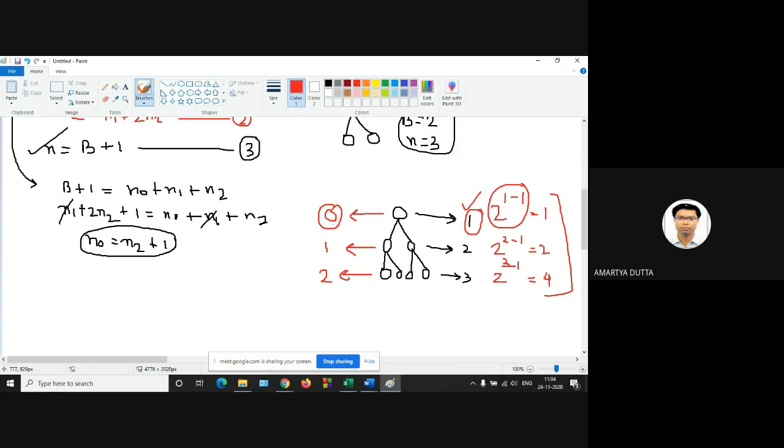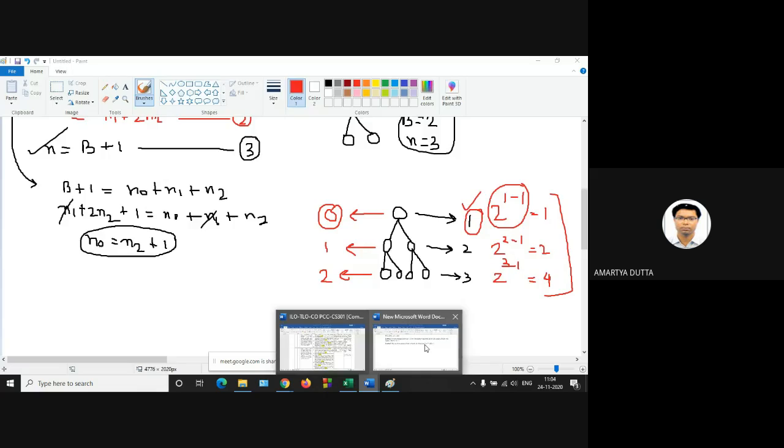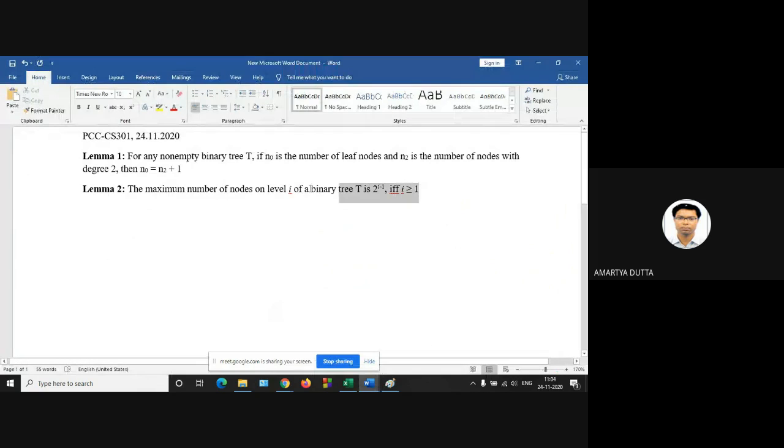You are right, 2 to the power I. Okay, so you can also modify this one: 2 to the power I.